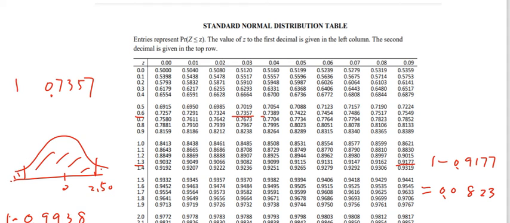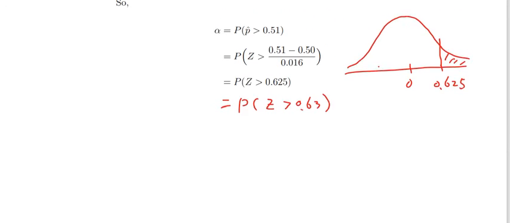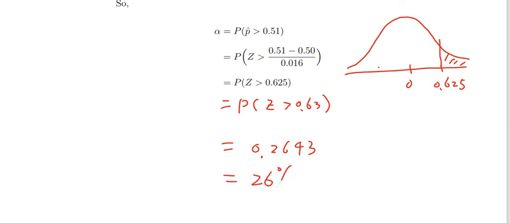But here we need to use 1 minus, because alpha is the right side, larger than. So this equals 0.2643. This is our alpha. So it is just about 26%.